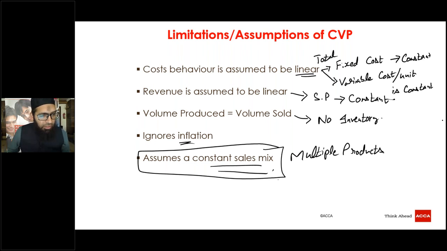Mutar Siddiqui has also asked me to explain the last one once again, so he might be talking about a constant sales mix. Dear, I haven't explained it yet, so don't worry about that. Harim Afzal has asked, is there any difference for multiple products? Yes, there is a slight difference when we calculate the break-even point of multiple products, and I will be discussing it in a short while.